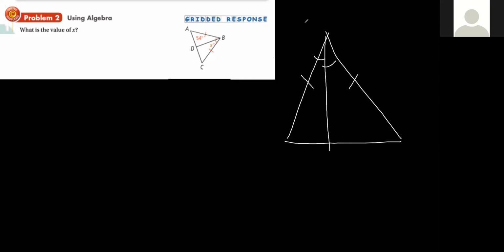There's a line that bisects, coming from the vertex. It makes these two angles equal. The name of this triangle is ABC, and there's a D, it bisects it. In algebra here, he told me that the measurement of angle A is 54. He asked me now to find the measurement of angle X.